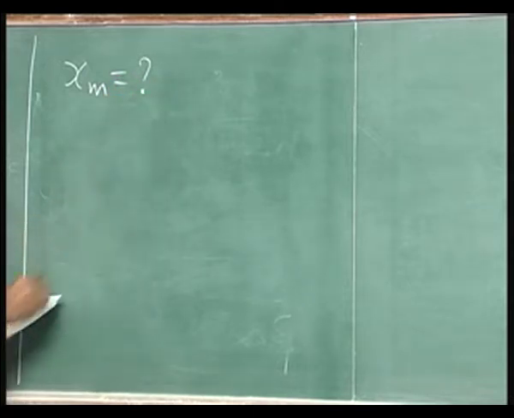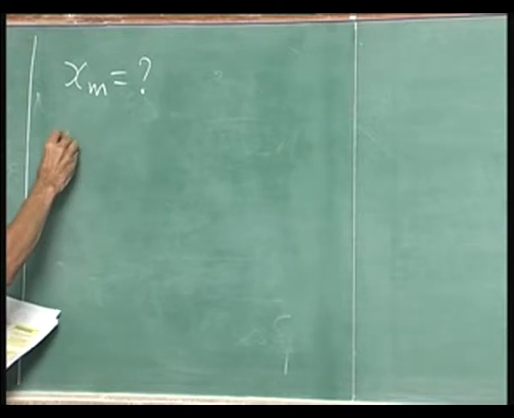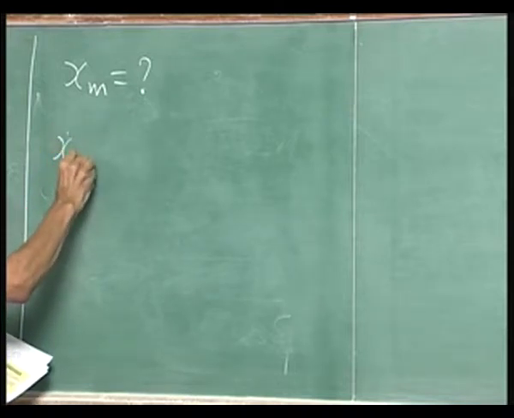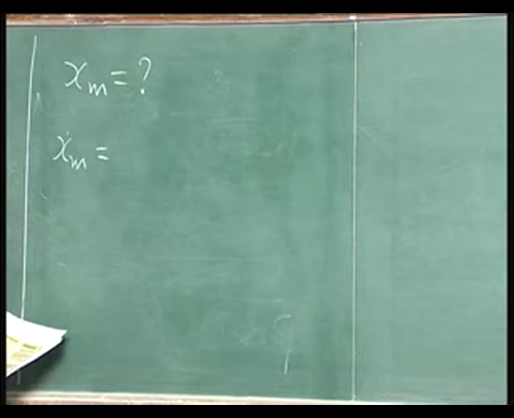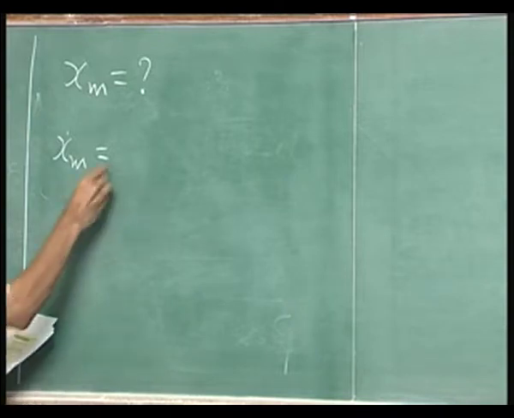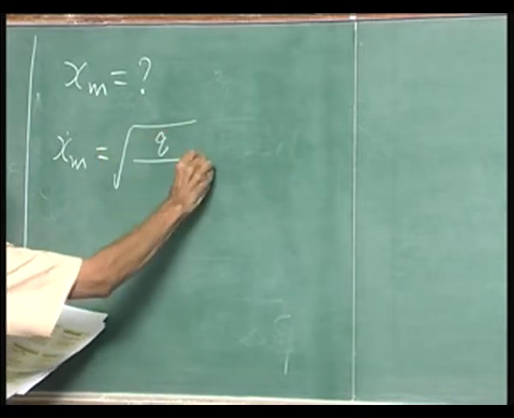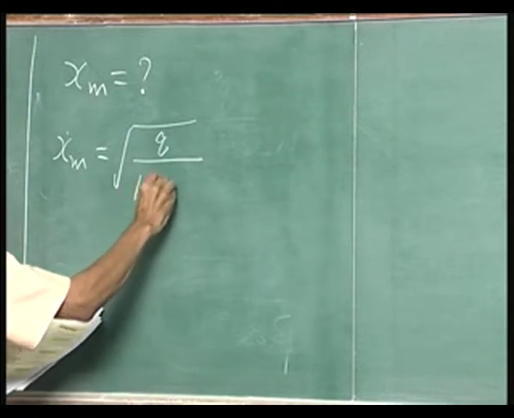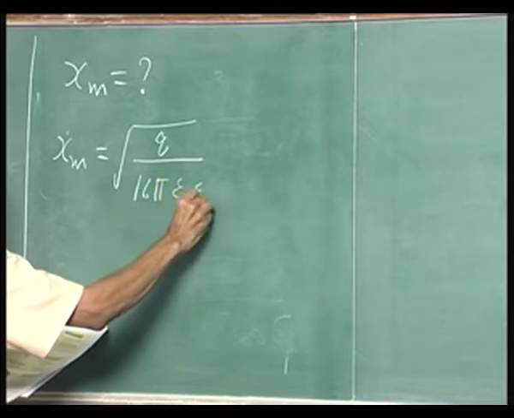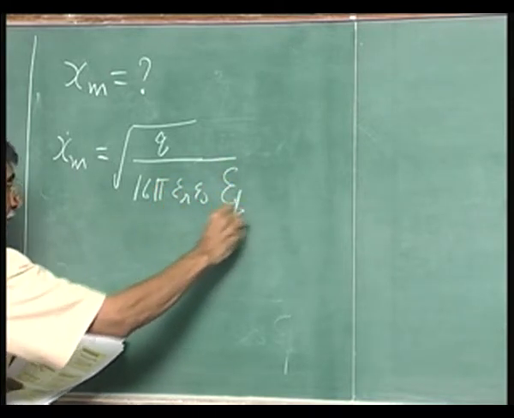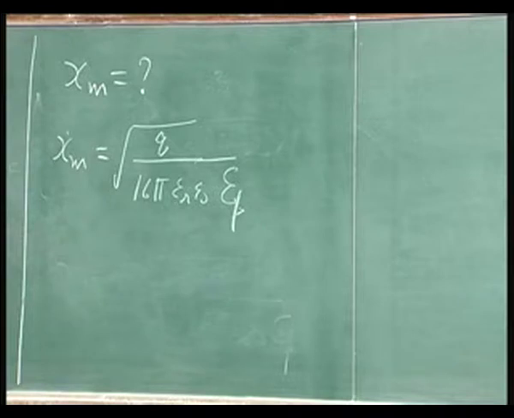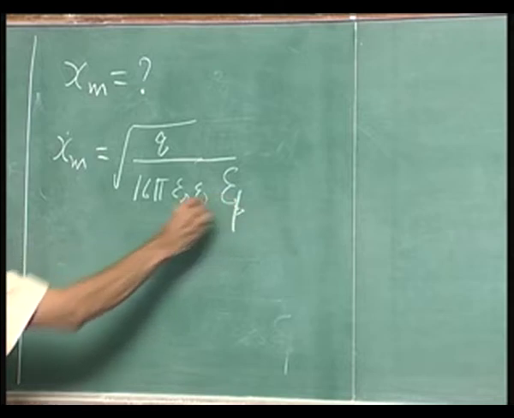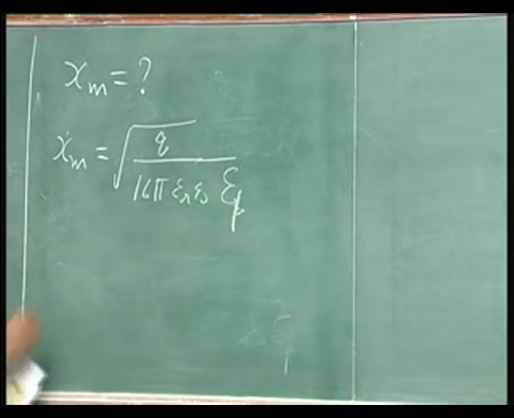Let us just take this. x m is equal to the square root of q divided by 16 pi epsilon E peak. So, all that we have to do is find what the value of E peak will be, E peak in the depletion layer.